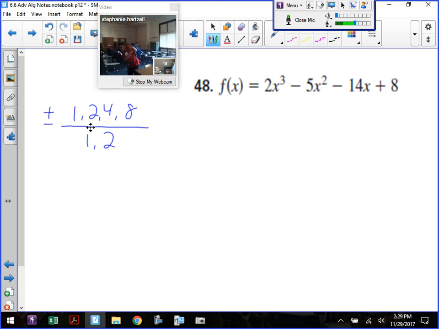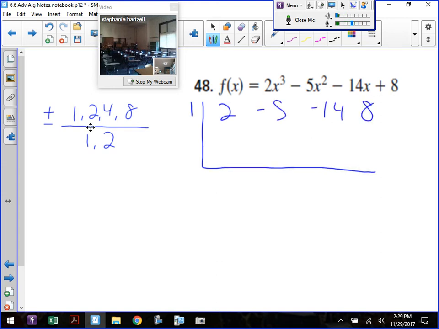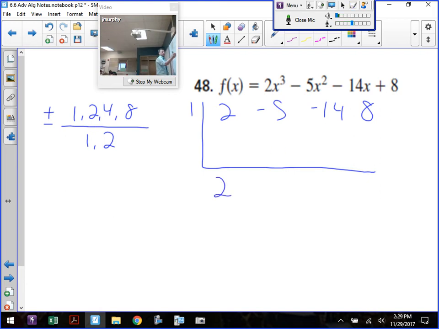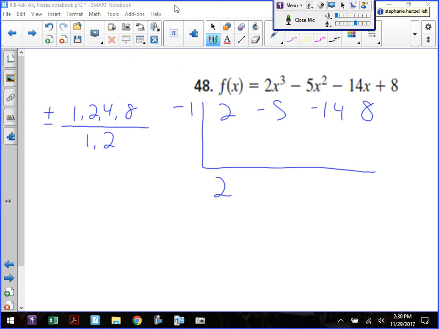So I start at the beginning again. I start at the top and I work my way down. I start with 1. I have a 2, -5, -14, and an 8. Drop the 2 and go. 2, 3, -3, -3, and not happening. I erase. I go to -1. -2, -7, 7, -7.